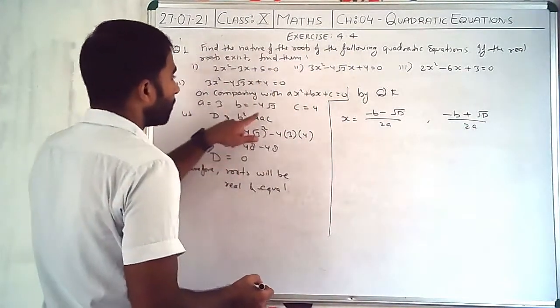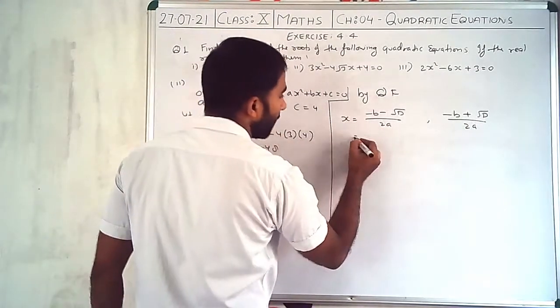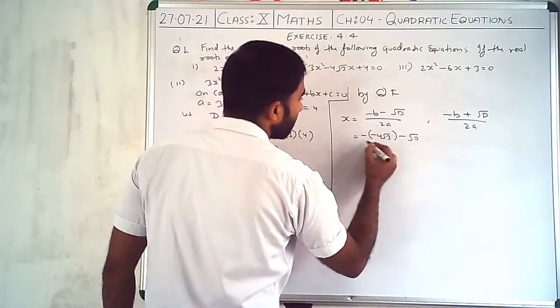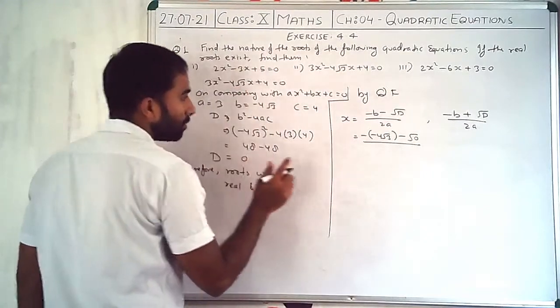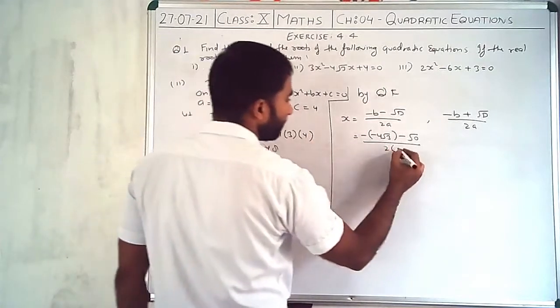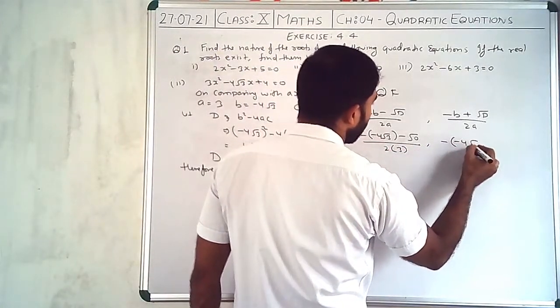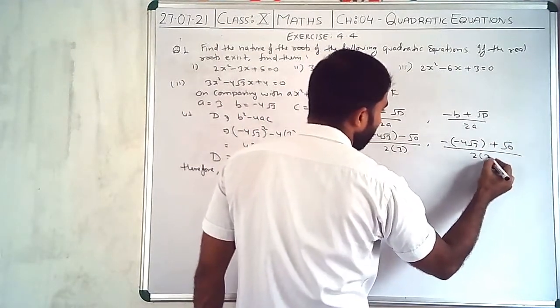What is the value of b? The value of b is minus 4 root 3, so minus of minus 4 root 3 minus root D, where D means b square minus 4ac, which is 0, by 2 times a, and the value of a is 3. Similarly, minus of minus 4 root 3 plus 0 by 2 times 3.